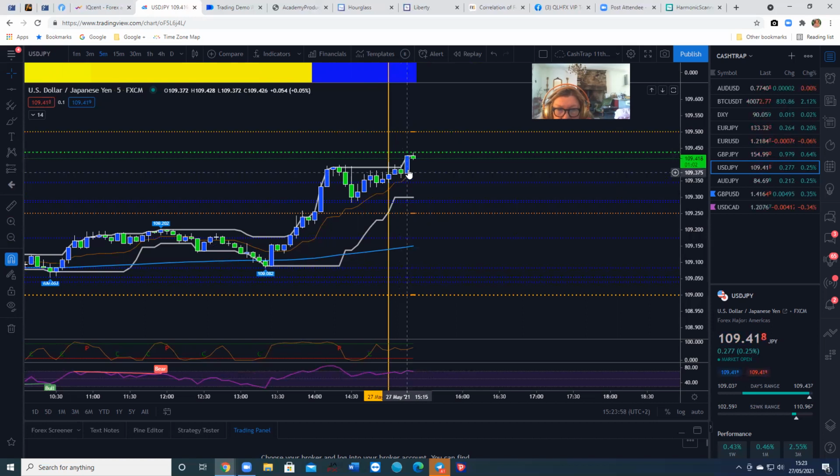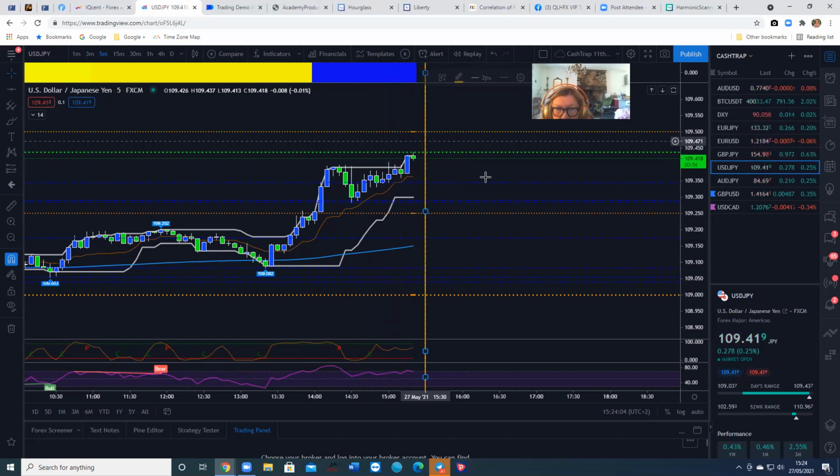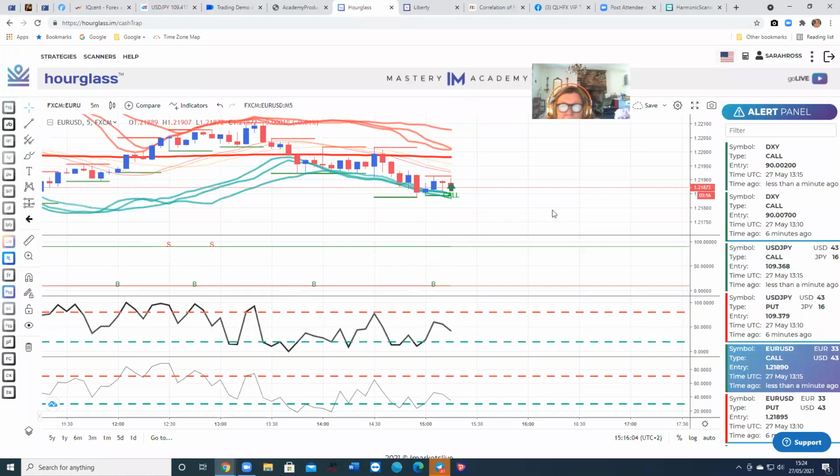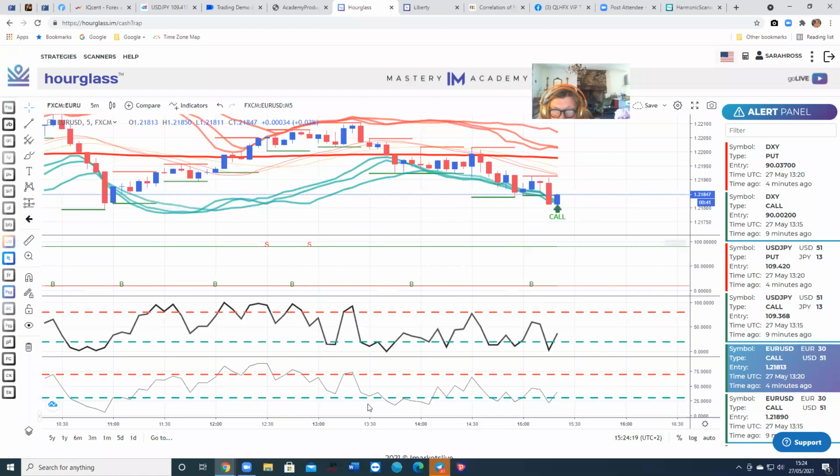And you can see a strong push up. So it looks to me like it's now carrying on up to the half hour, but it's trending up, isn't it? Strongly now. And I'm going to look at hourglass on UJ.